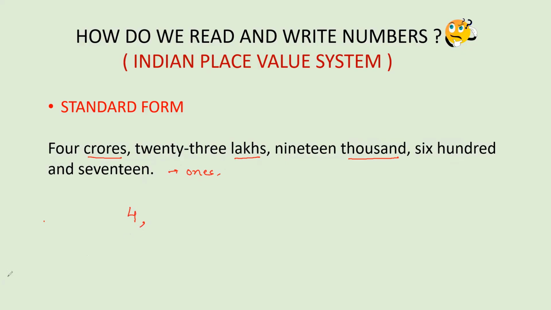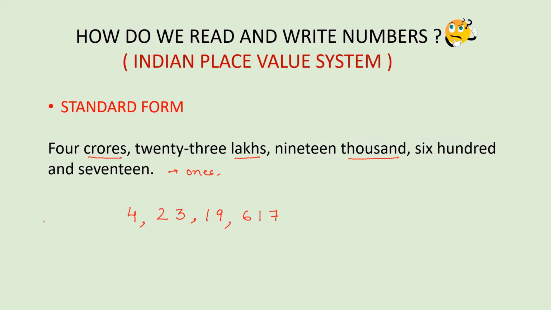Then comes the period change with a comma. 23 lakhs. So let us write 23 lakhs, a period change. So again a comma. 19,000. So 19. Again a period change. So comes a comma. 617. So we first identify the periods and we put the commas at the period change. So this is how we convert the word form to the standard form, or convert the number name to the standard form.